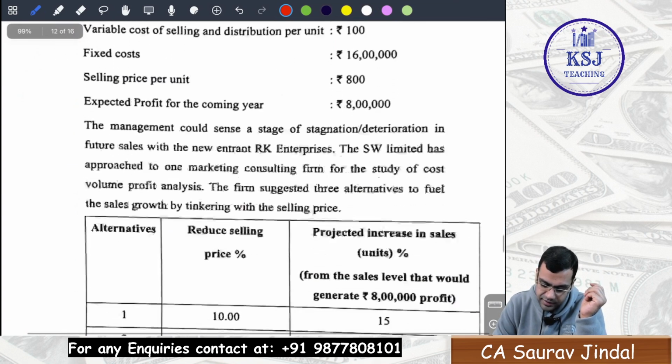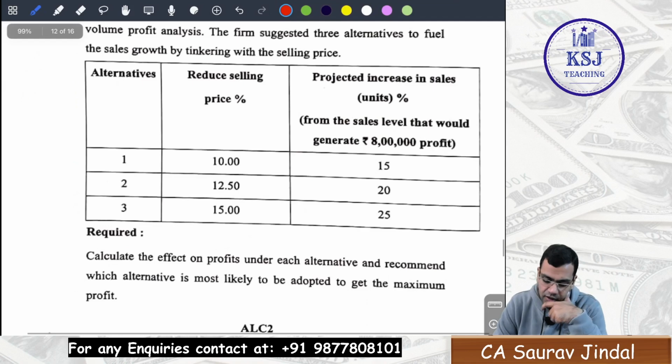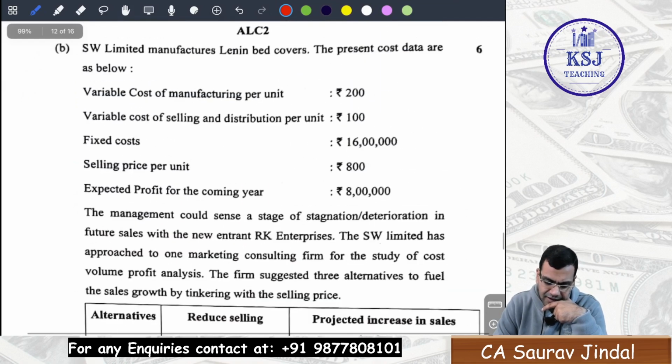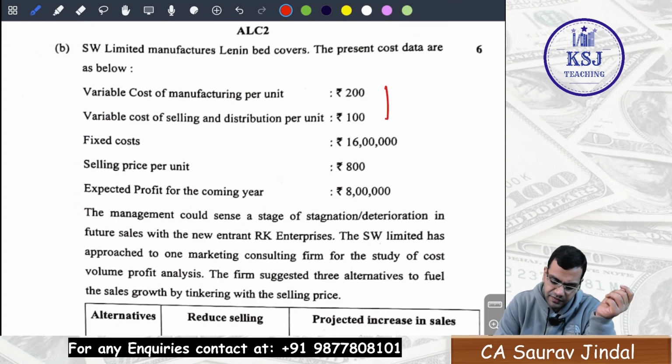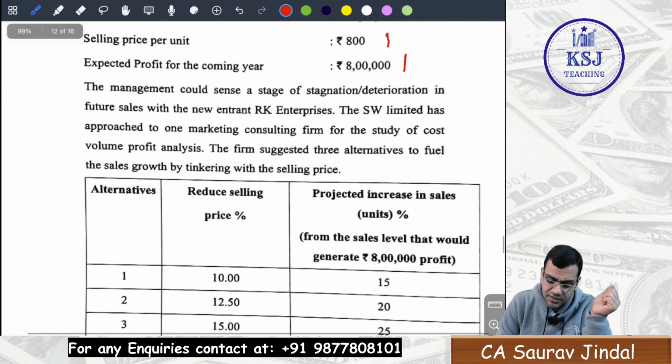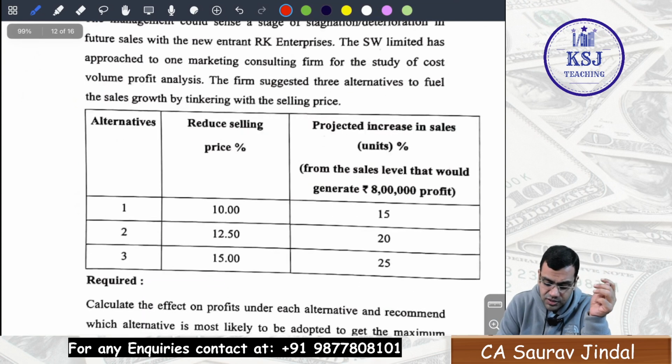Then this question is again on the budgetary, sir. Some information, variable cost is given to you, fixed cost is given, selling price is given, expected profit for the coming year is given to you. The management could sense a stage of stagnation, and if they reduce the selling price by 10%, percentage increase in the sale in the units from the sales level, that would generate an 8 lakh profit.